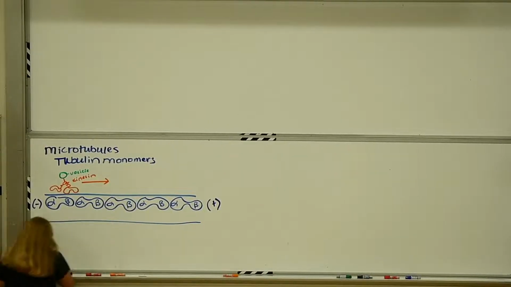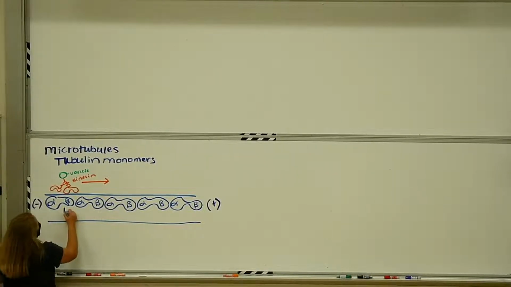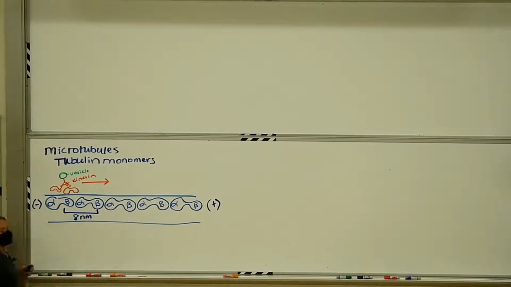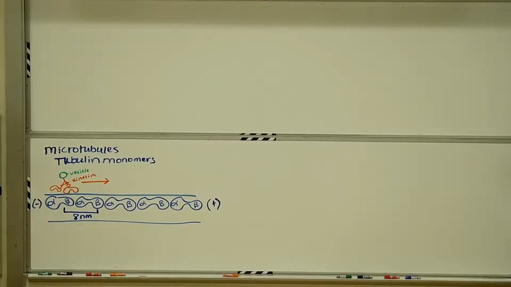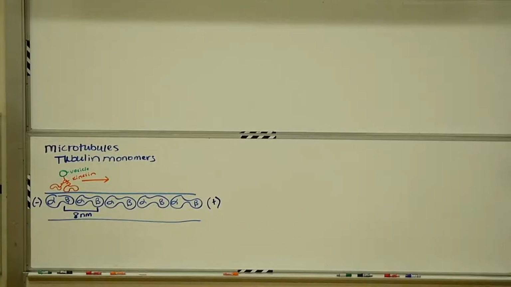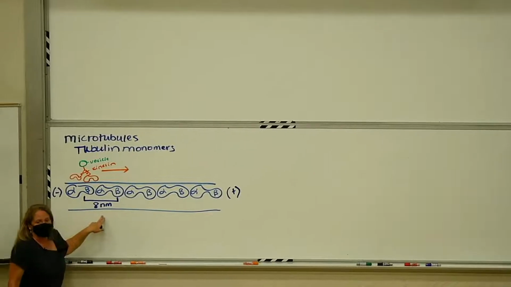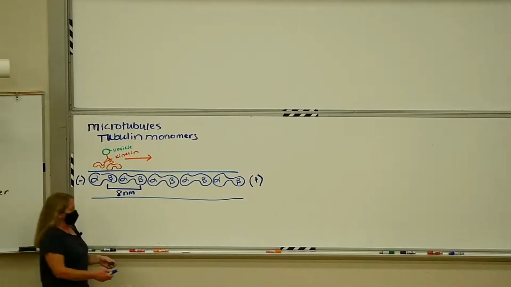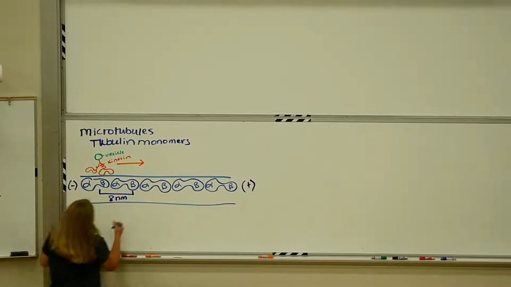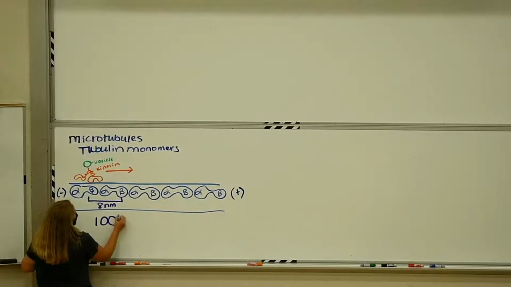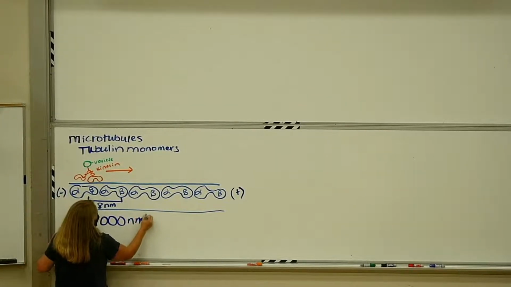These tubulins are about 8 nanometers long. These are not numbers you need to know. This is just demonstration. We're moving our foot from one beta dimer to the next. So that means that every step that this guy's taking is 8 nanometers. It turns out that these move about 1,000 nanometers per second.